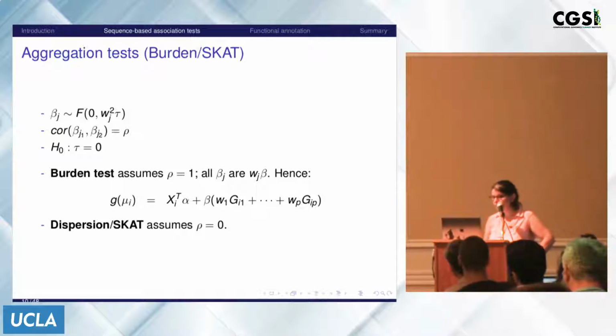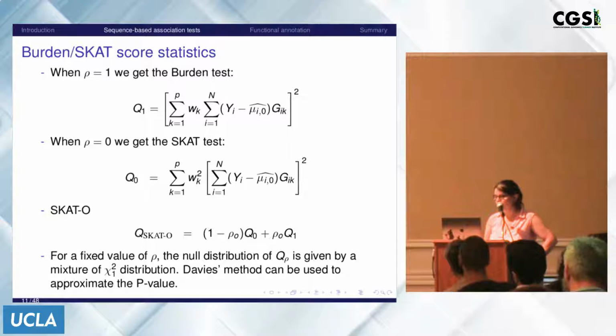The underlying score statistics for these burden and SKAT tests can be computed easily, and they have some very nice forms. When rho is equal to 1, as I said, we get the burden test, and the score statistic is the square of a linear combination of individual variant score statistics.